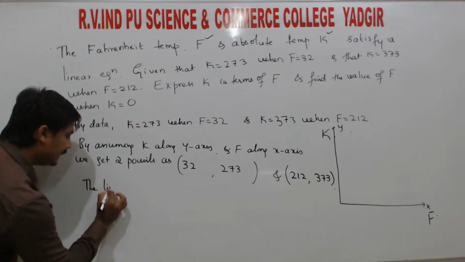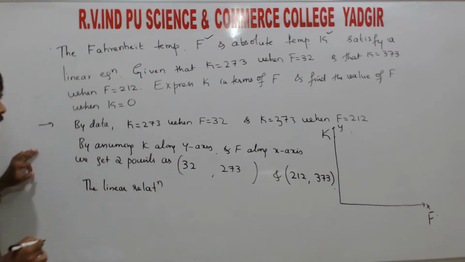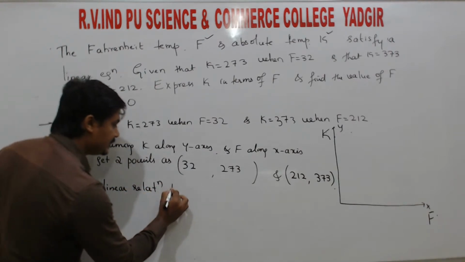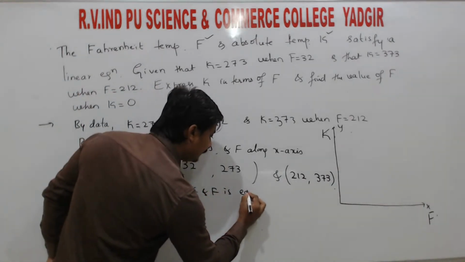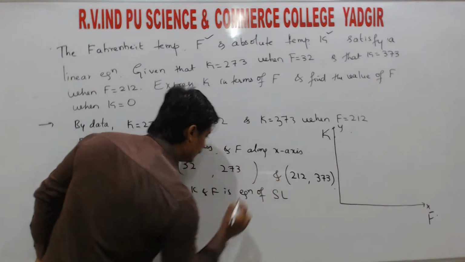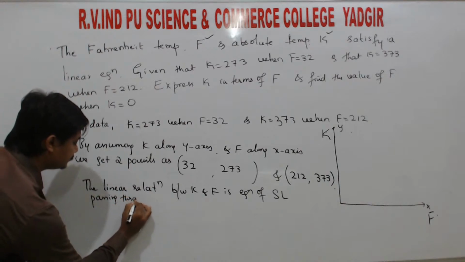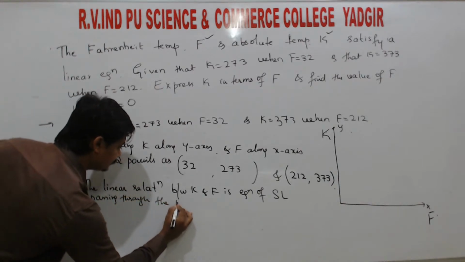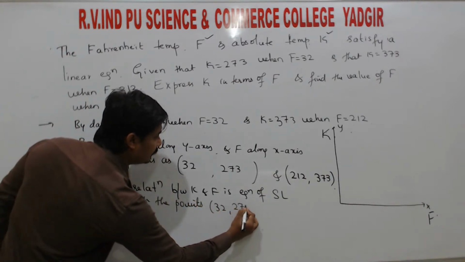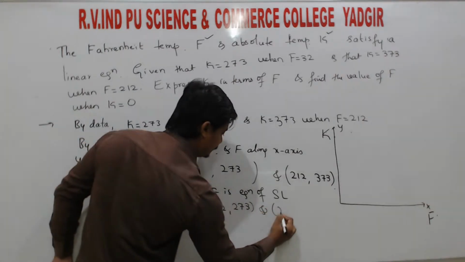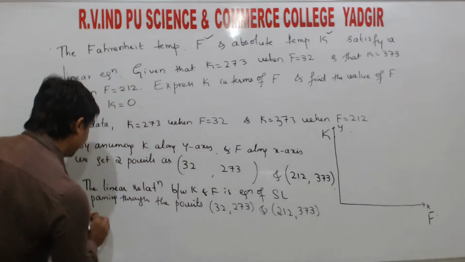I need to find the linear relation between K and F. So the linear relation between K and F is the equation of a straight line passing through the points (32, 273) and (212, 373) in the xy plane.